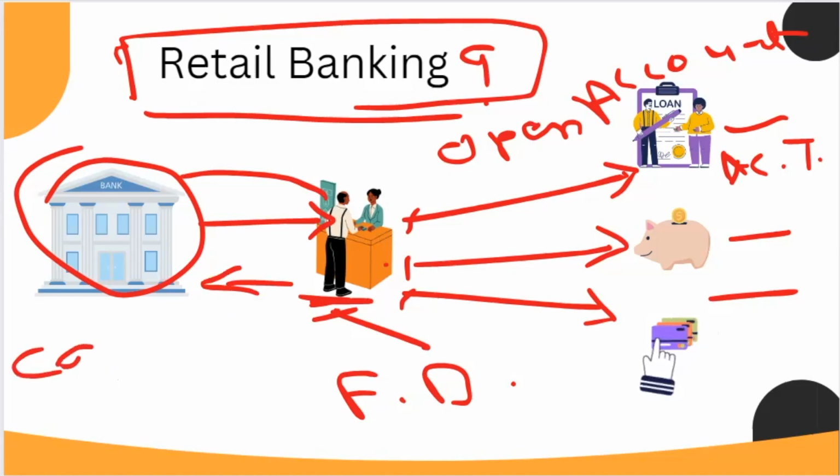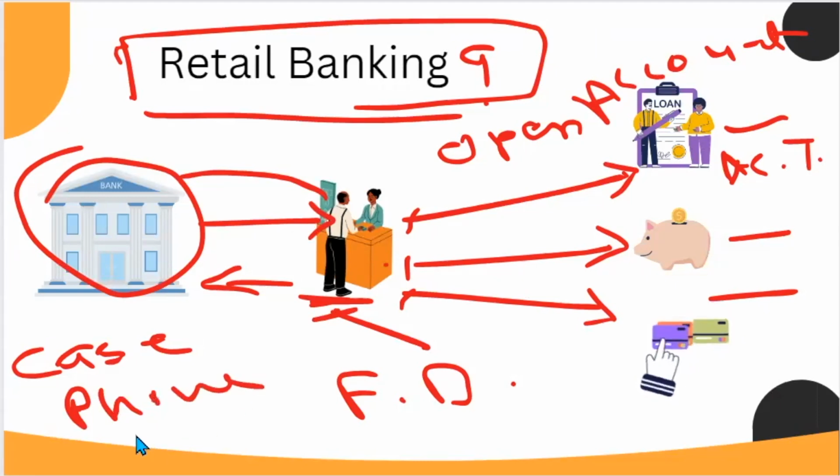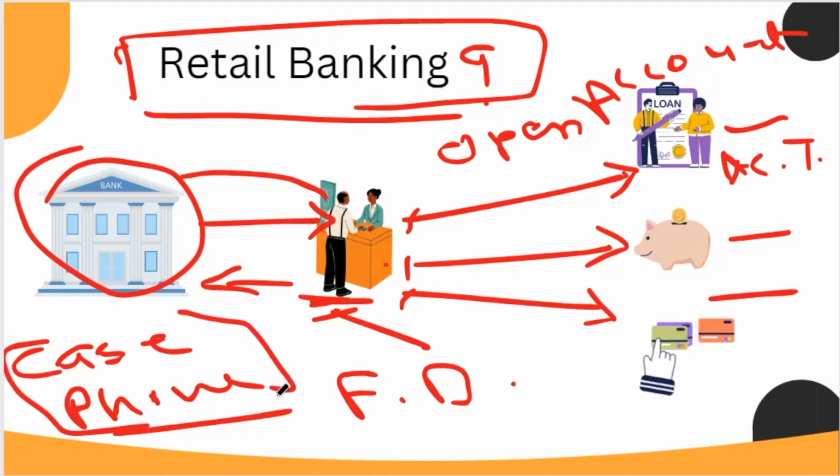He can raise a case very easily, because they have provided it on the website and on phone banking. If they are facing any issue, they can raise a case, which comes into Service Cloud. So this is the basic of retail banking and an example of it.